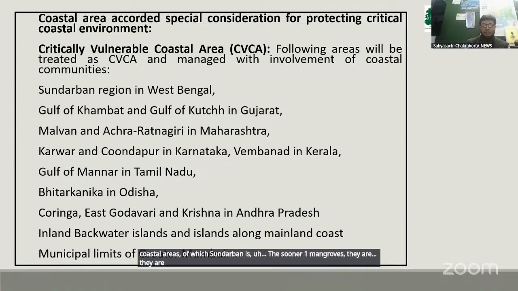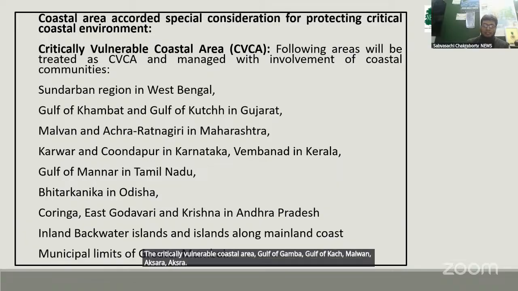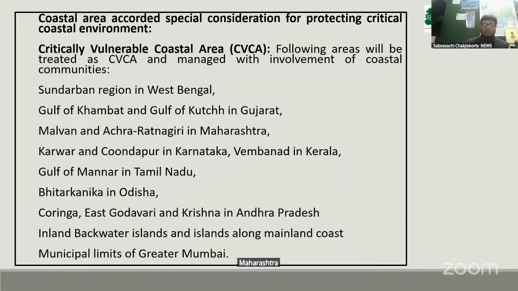Gulf of Khambat, Gulf of Kutch, Malvan, Achra, Ratnagiri in Maharashtra, Karwar, Kundapur in Karnataka, Gulf of Mannar, Bhitarkanika, Coringa, East Godavari and Krishna in Andhra Pradesh, the municipal limits of Greater Mumbai, and Indian backwater islands and islands along the mainland coasts.